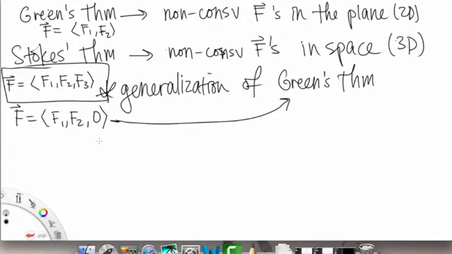Okay, so first of all, Stokes' theorem, as I said, exists in 3-dimensional space. So what we're going to be dealing with is more like surfaces and things. So an example of a surface: let's say here's a surface and it's bound by this curve at the bottom.